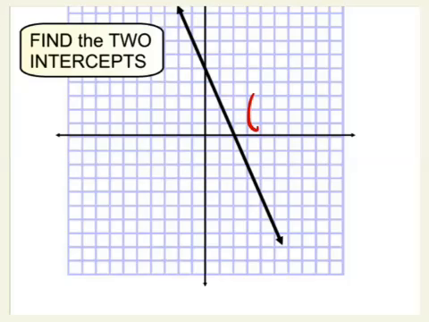So this dot down here would be over 2 up 0. And then the other intercept is up here, and it's going to be over 0 up 5. So those are the two intercepts. The grayish blue color would be the y-intercept, and the red color would be the x-intercept.